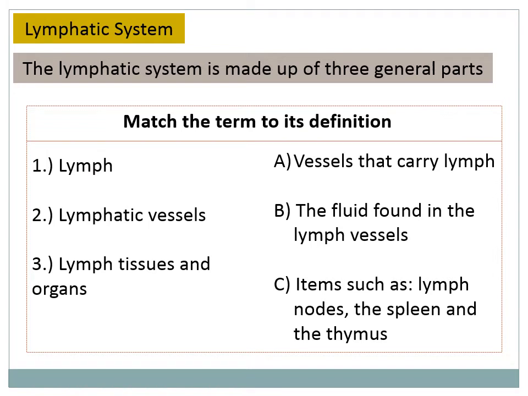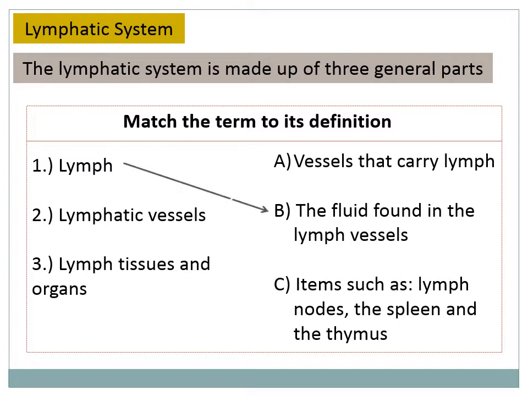So the lymphatic system is made up of 3 general parts. These parts obviously get broken down into more parts, but this is our 3 general parts. We have 3 choices: lymph, lymphatic vessels, and lymph tissues and organs, and we have A, B, and C. So what do you think lymph is? Yep.